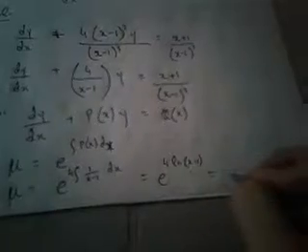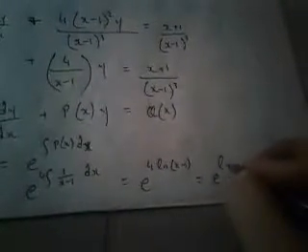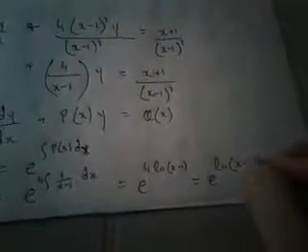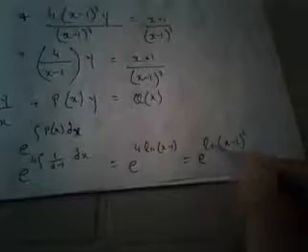I can write this thing in this way, and then the exponential is going to cancel out the logarithmic effect, and just x minus 1 power 4 is left, and this is my integrating factor.